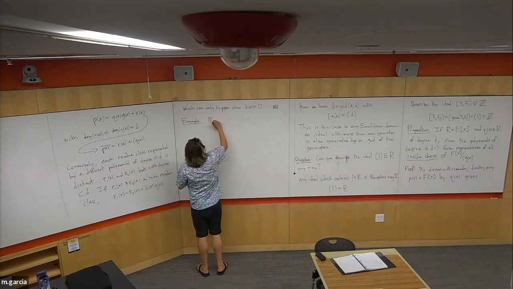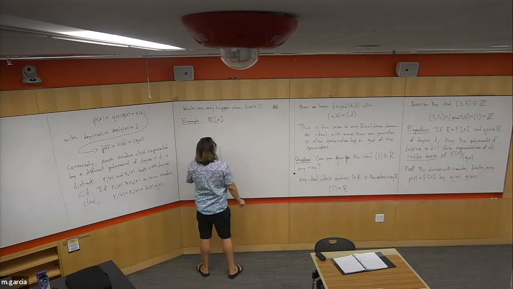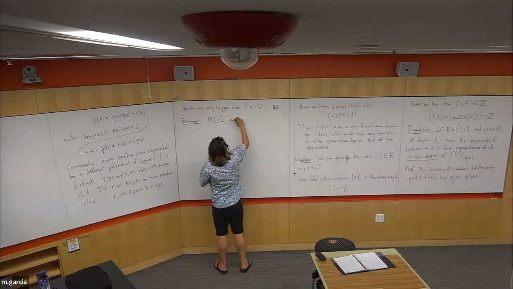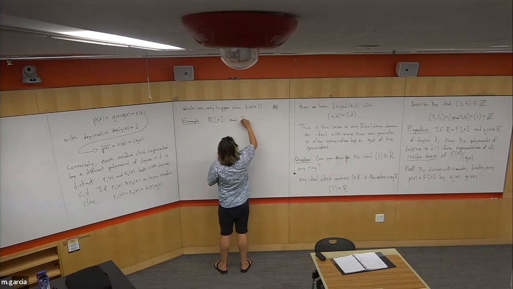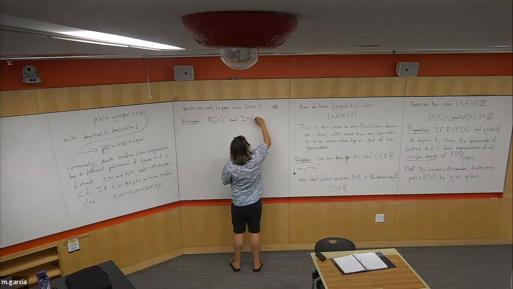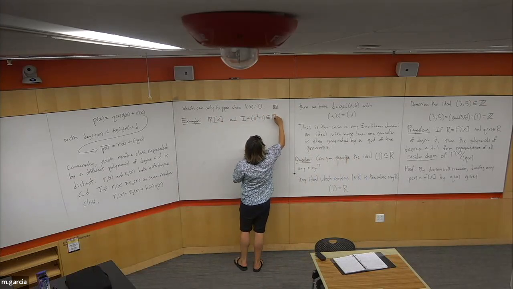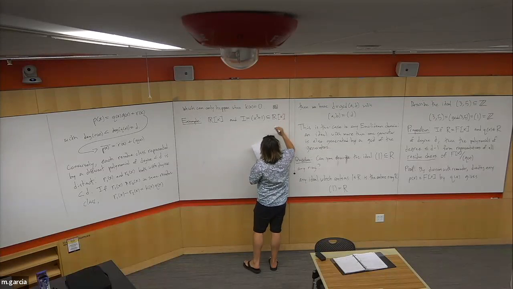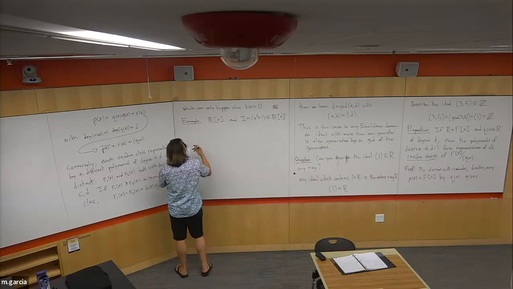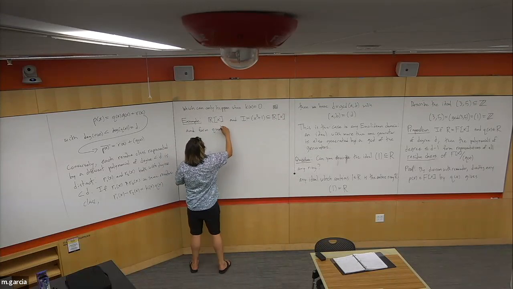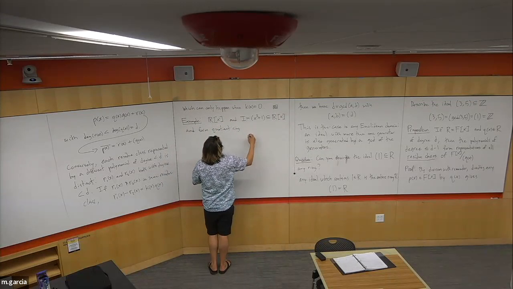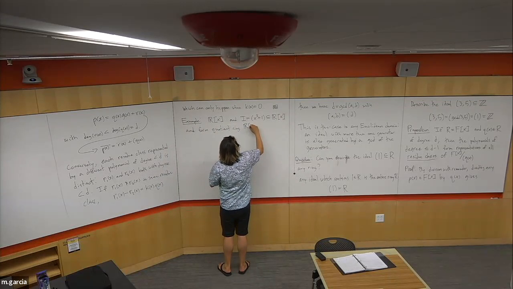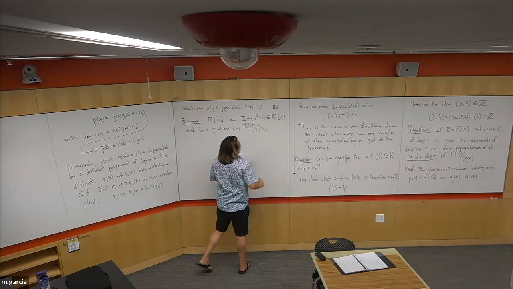Let's take polynomials with real coefficients as our ring, R adjoin x, and we'll take the ideal generated by the polynomial x squared plus 1, and form the quotient ring R adjoin x mod the ideal generated by x squared plus 1.